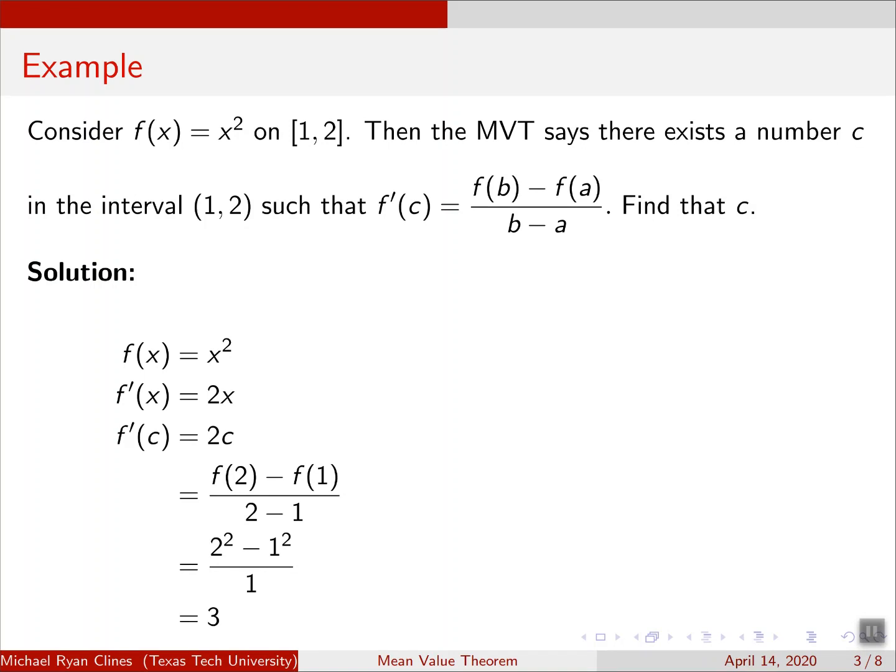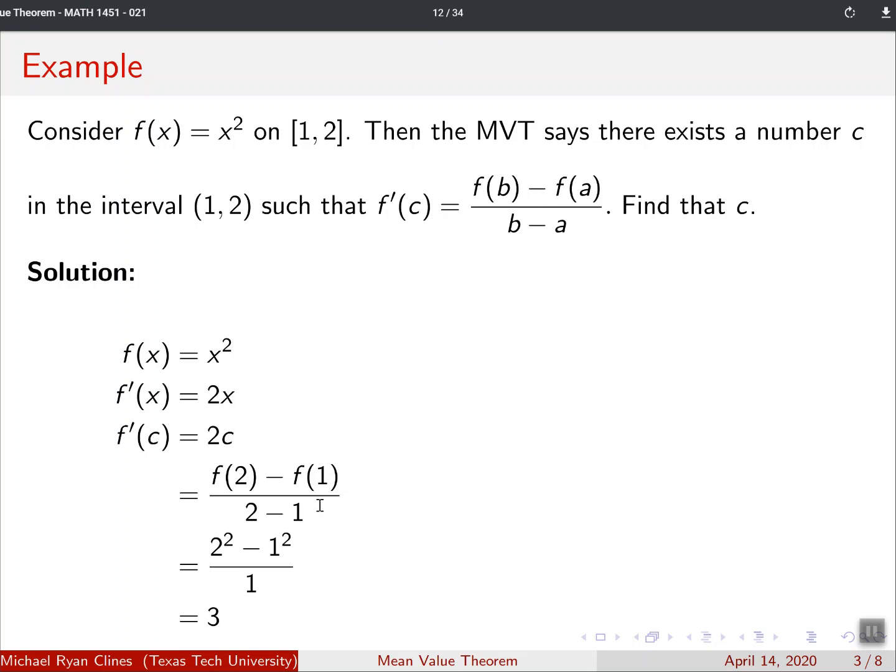But when we take this number that the mean value theorem guarantees exists, and we plug it into the derivative, the output is 3. So now we have to solve f prime of c is equal to 3. But f prime of c, as we already stated, is 2c. So now we are left with this equation: 2c is equal to 3.